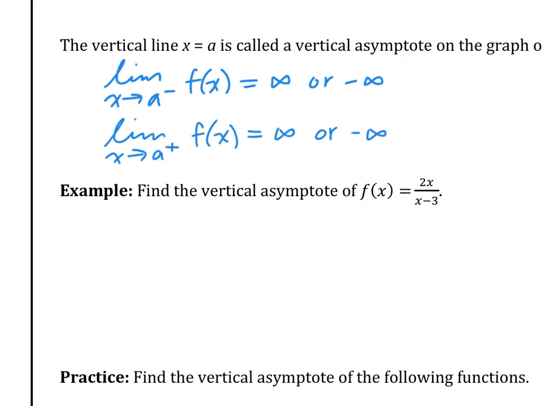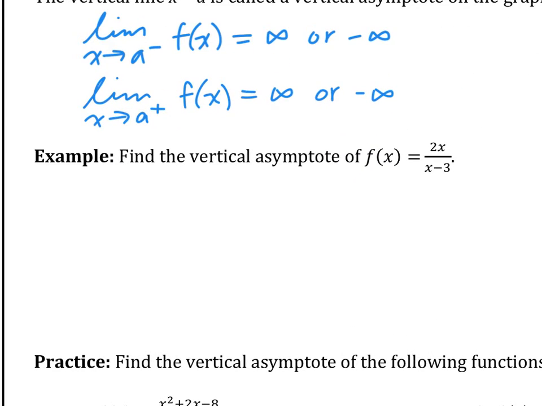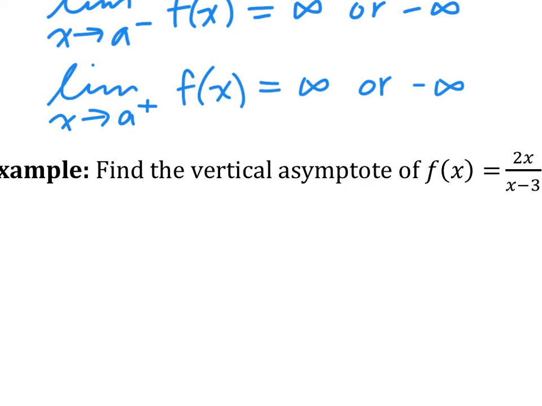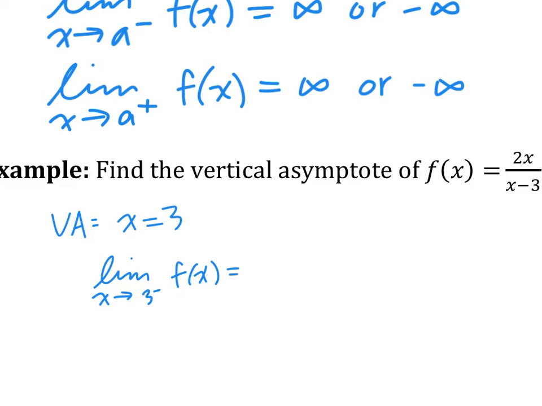All right, next one, very easy. Find the vertical asymptote. Okay, where is the vertical asymptote? X equals 3, right? And how do you know? Whatever makes the denominator 0. But since we are learning about limits, we would say the limit as x goes to 3 from the negative side of f of x goes to, this is a great exercise.